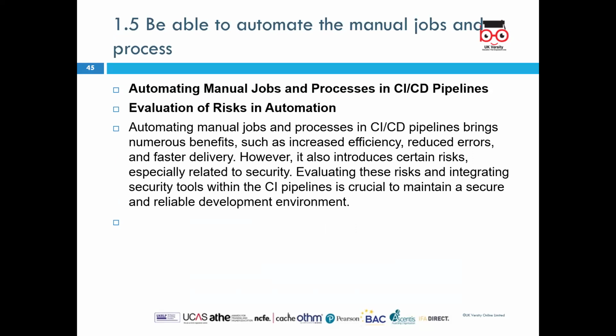And finally, this is our last learning outcome for the day, where we're going to be able to automate the manual jobs and processes. So by having automated manual jobs and processing in CI and CD pipelines, step one is to have an evaluation of risk in automation.